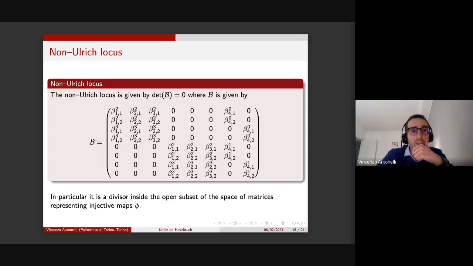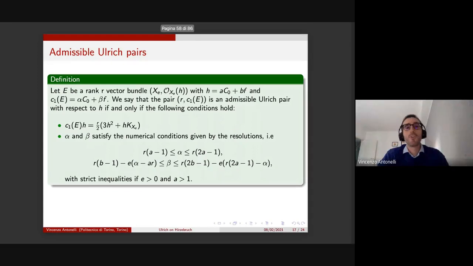Okay, so now I can focus on what I meant by admissible rank and admissible first Chern class. So let's try to give this new definition. Let's start with a rank R vector bundle E with a fixed first Chern class. In this case, we say that the pair R, C1, so the pair rank and first Chern class, is an admissible Ulrich pair with respect to H, if and only if the C1 has the right degree.